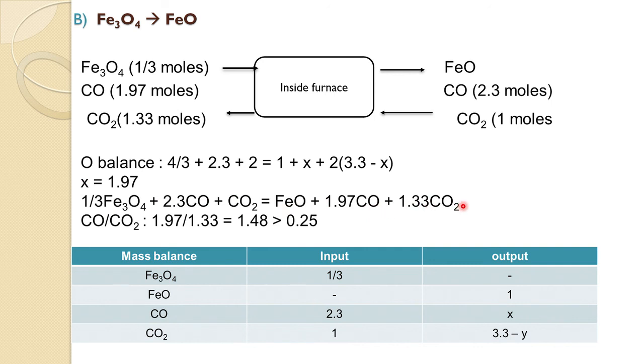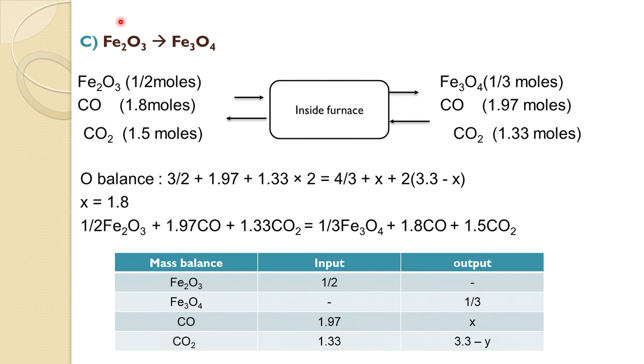When we balance this equation, the CO2 ratio of the gas coming out after the magnetite is about 1.48, whereas what is required is about 0.25. So this is much greater than that, and it satisfies even that condition for reducing Fe2O3 to Fe3O4.